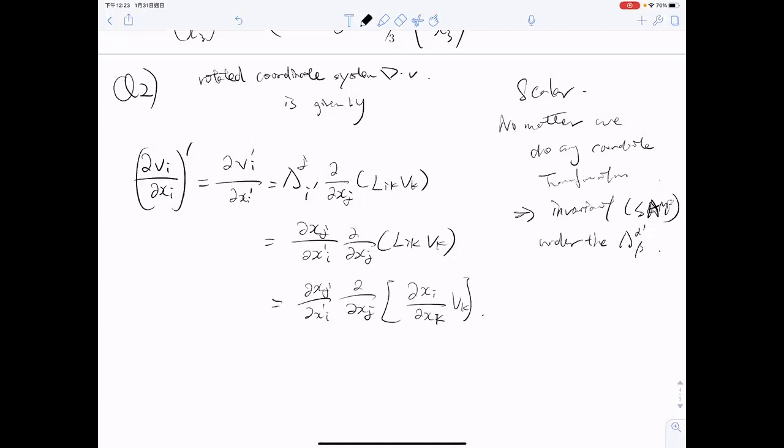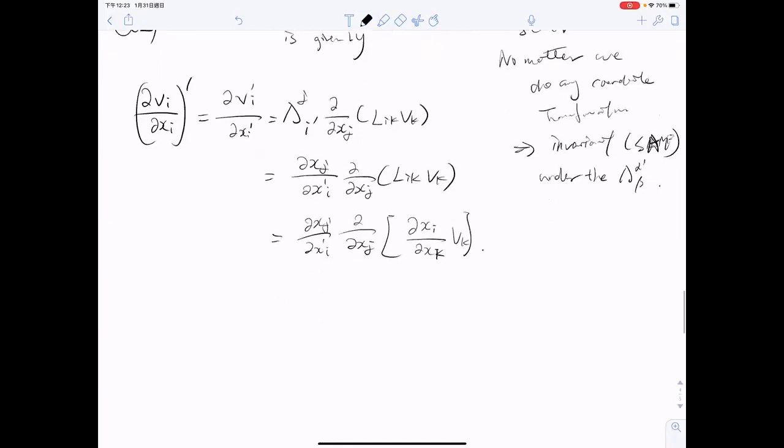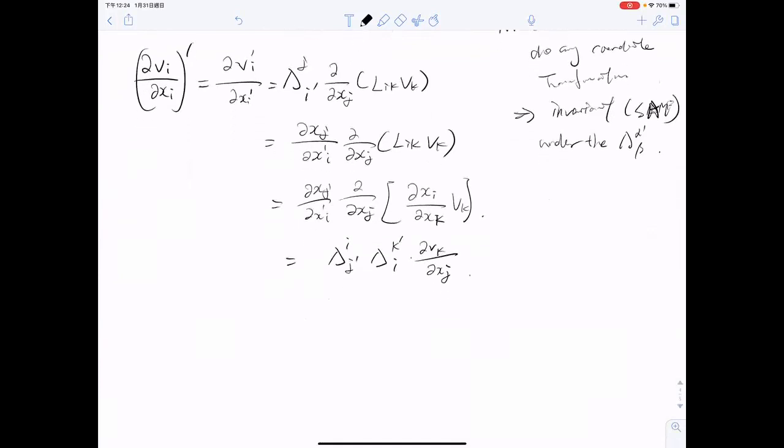Here we can see the two coordinate transformations, I J prime, and this guy would be I K prime times the K over x_J. And we use the orthogonality relation.